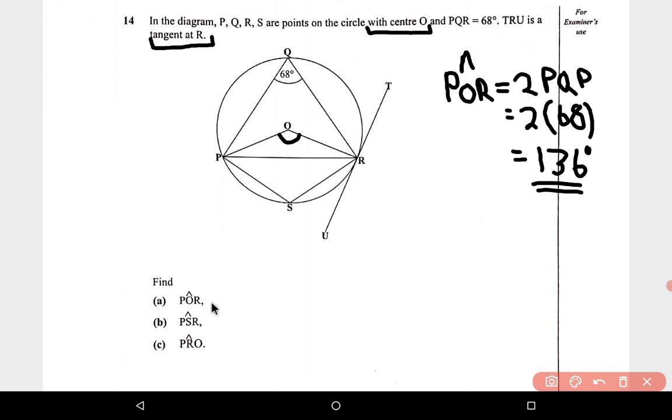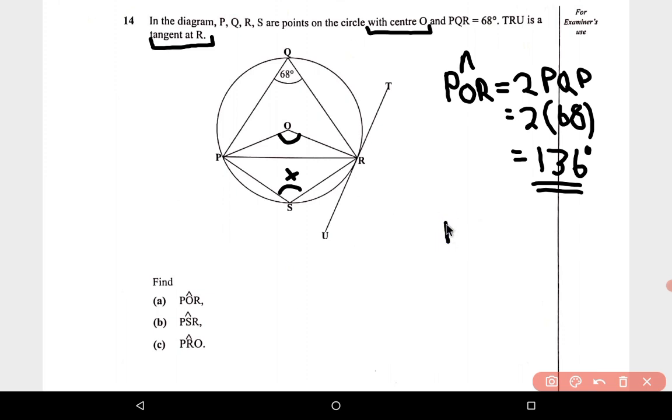B, PSR. Again, this paper was very simple. You can just see the properties. So this and this, when you add them, you're finding PSR. This angle here, I can call it angle X. Angle X and the one here, when you add them, should always give you 180.